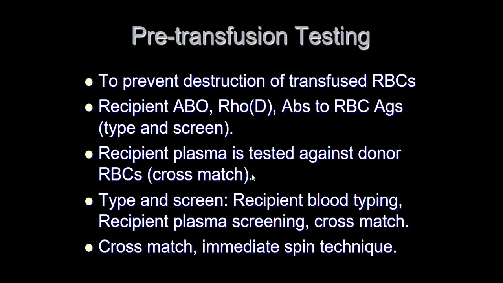We spin them, so that is why we call it the immediate spin technique, and then we add the antiglobulin reagent, and we see if clumping has taken place or not. So this is what we call the cross match: recipient plasma and the red blood cells of the donor. This is very, very important to know.